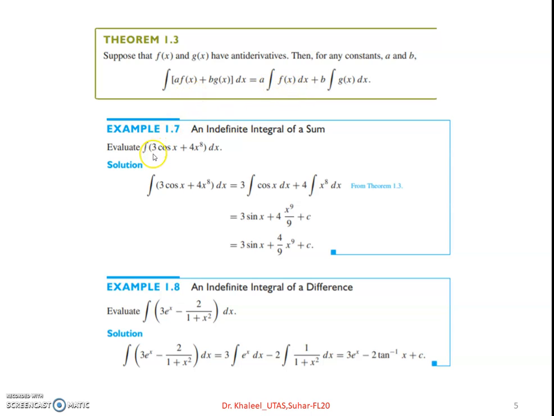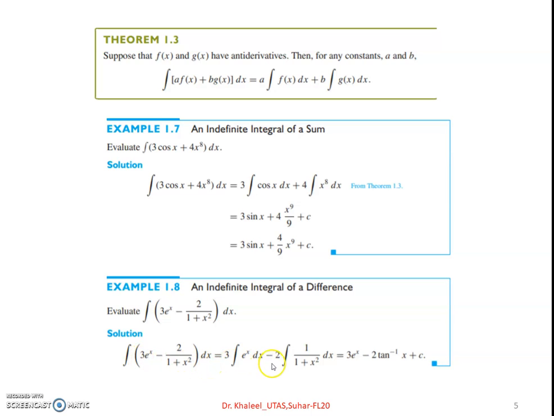For example, here we have a equal to 3, f(x) is cos x, b is equal to 4, g(x) is x to the power 8. So we take the number out and then we integrate only the function. So the integration of cos is sine, and the integration of x to the power 8 by the power rule is this. Here we have a plus or minus, no change.